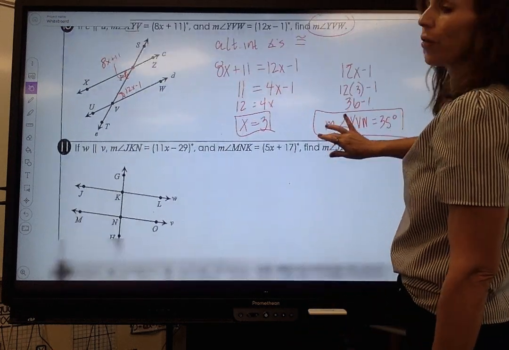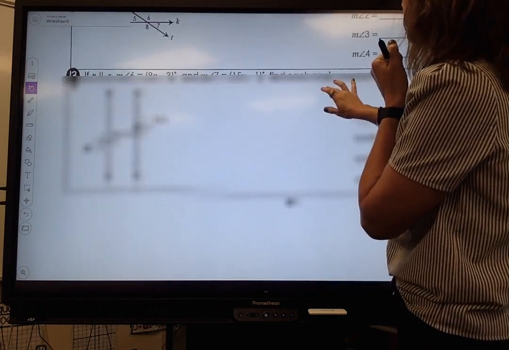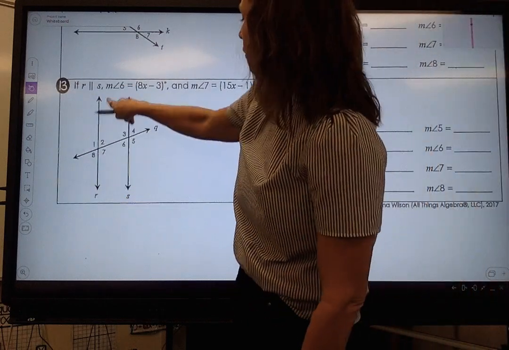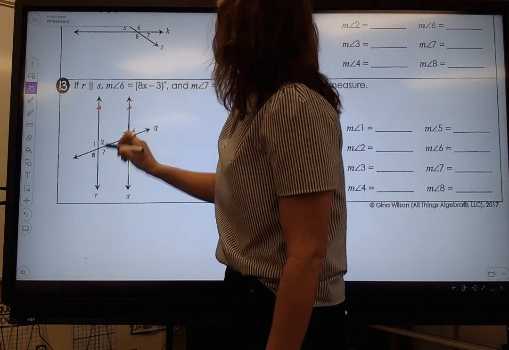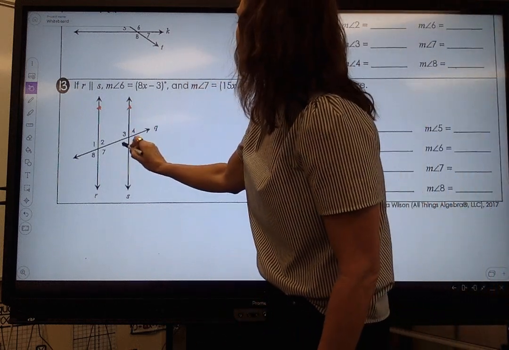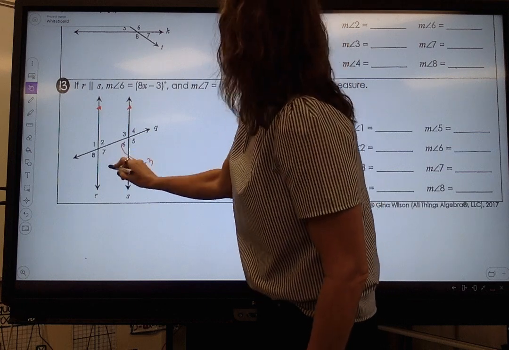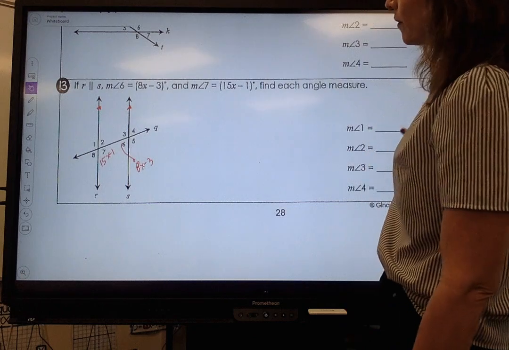Let's go down and look at number 13. It's telling us R and S are parallel, so I'm going to make those marks just so I know on my paper that they're parallel. And it says angle 6 right here is 8x minus 3, and angle 7 is 15x minus 1. Find all of these angle measurements.